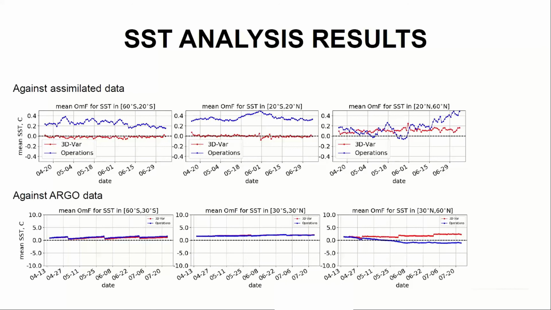You see that we have some pretty improvement against assimilated data using 3D-Var, but the comparison against Argo data is quite neutral. So it's actually a good result. Our system is stable, and we are ready to proceed towards the stronger coupled data assimilation.